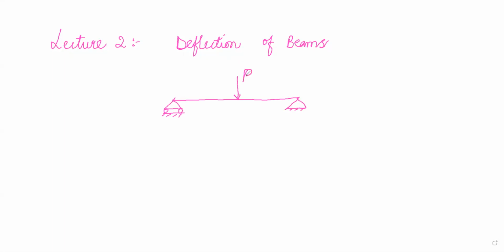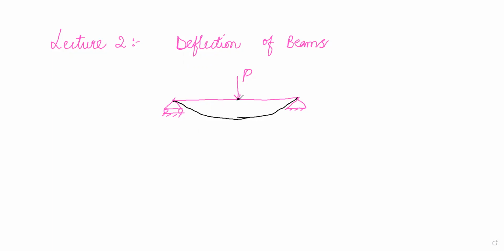The load magnitude is P. Now under the influence of this load, what will happen? The beam will deflect like this. This is an exaggerated shape, but more or less this is how the beam looks once you apply some load over it.